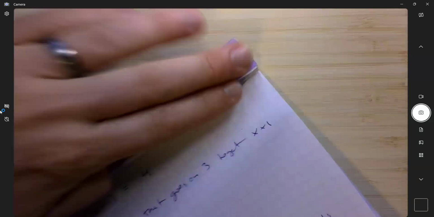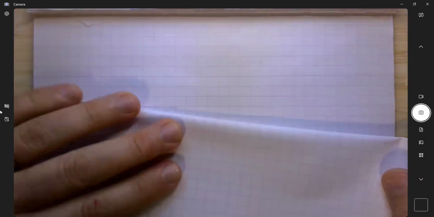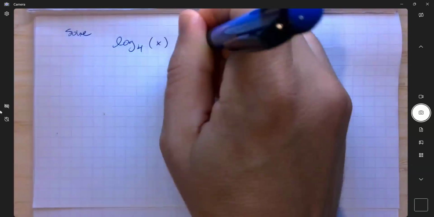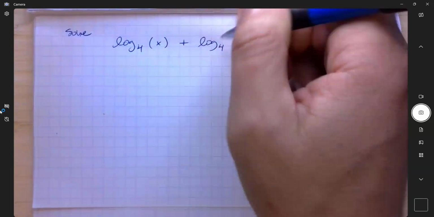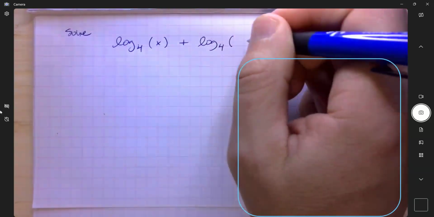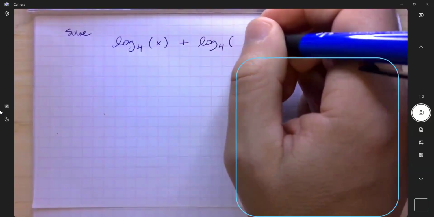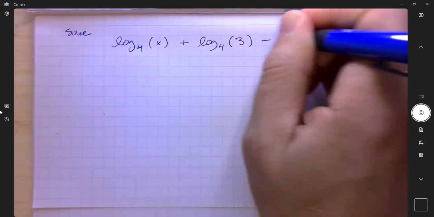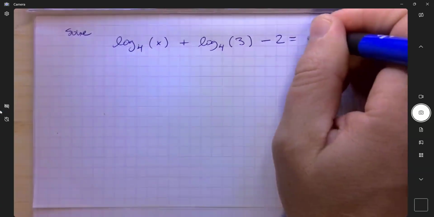Let's just do another example. Let's make it a little more complicated this time. Let's solve log base 4 of x plus log base 4 of 3 minus 2 equals 1.